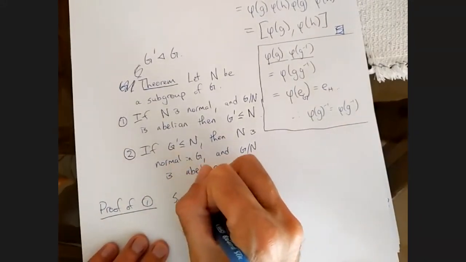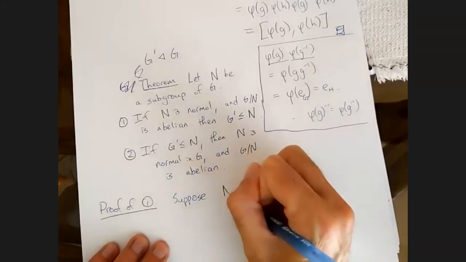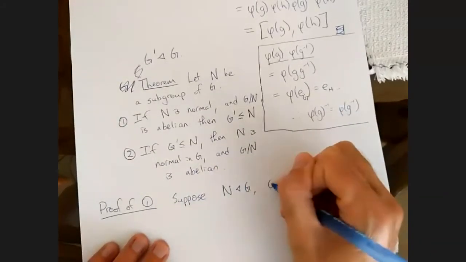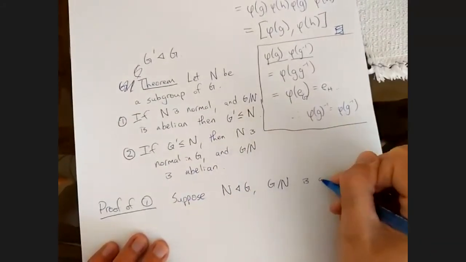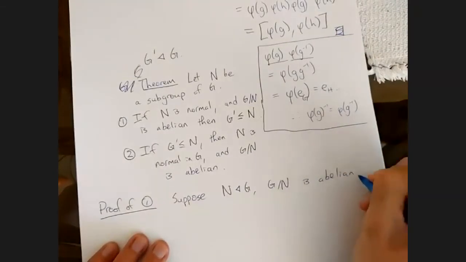So suppose N is normal in G, and G mod N is abelian.